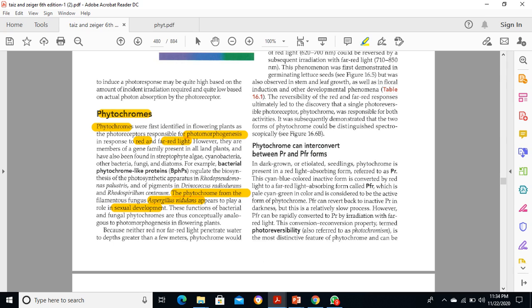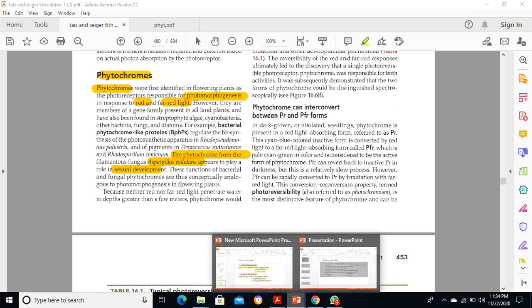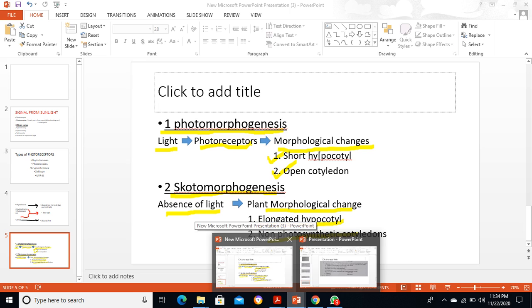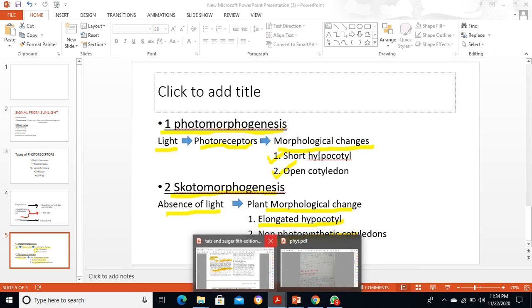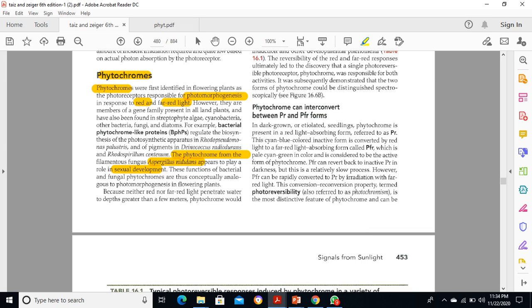Okay, now we can see more about phytochromes. As I said, based on the wavelength of light absorbed by the photoreceptors, photoreceptors are classified into various types.